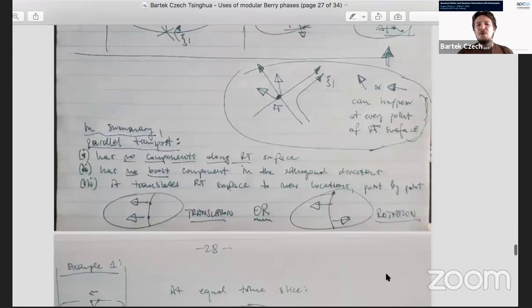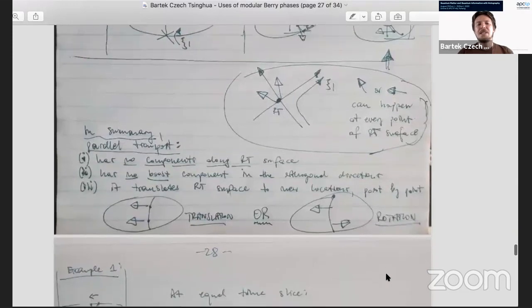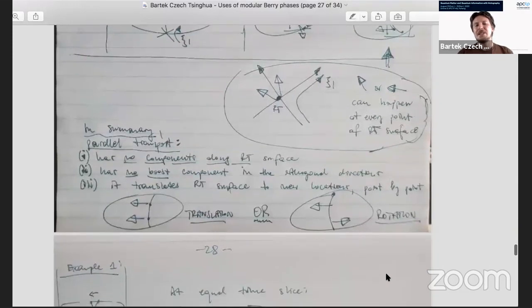So what I will talk about next is examples of how this thing is actually realized in the bulk. But maybe I should just give a bird's eye view of what we have done. We have written down a set of equations to describe a geometric notion of parallel transport. This notion of parallel transport was directly inspired by the Berry connection, but now applied to modular Hamiltonians.